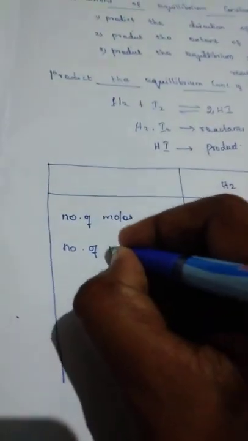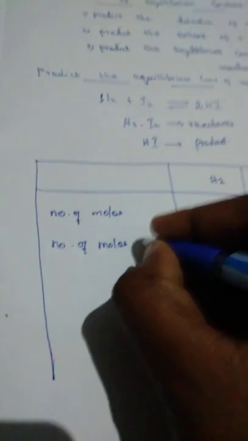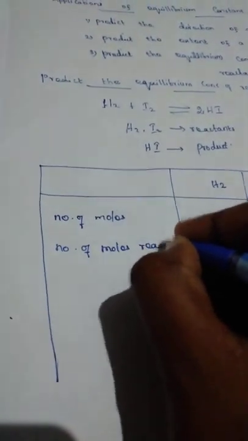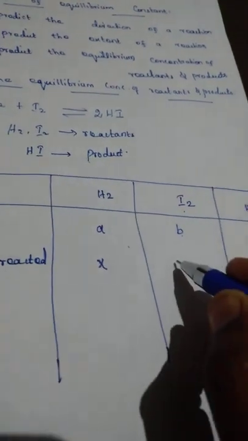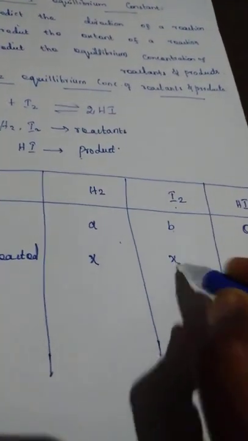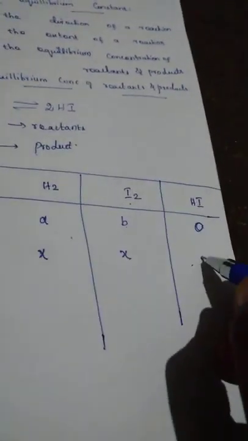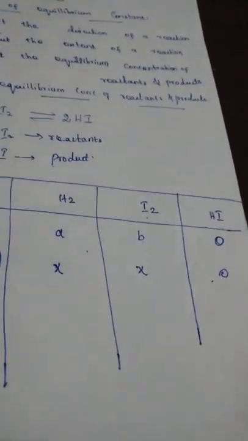Then second step, consider the number of moles reacted: for the reactants hydrogen X and iodine X, and for the product hydrogen iodide 0.